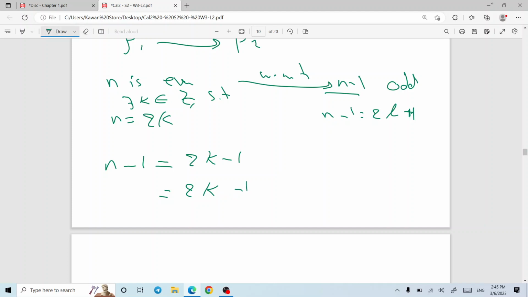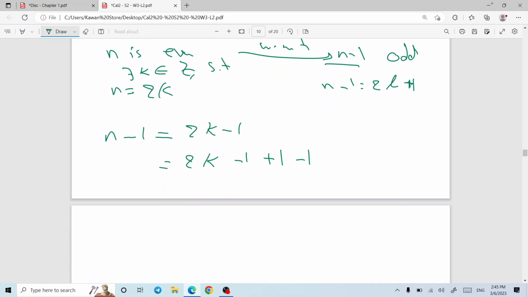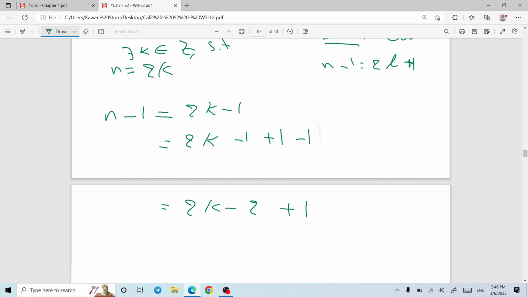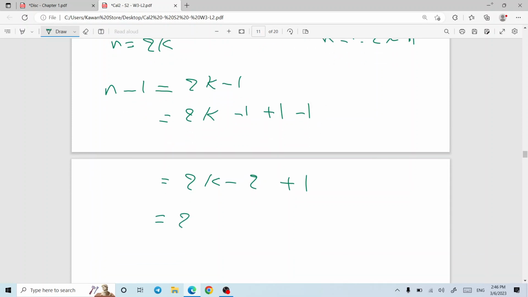Yes, we can, right? Plus 1 minus 1. And n minus 1 equals 2l plus 1. So I show that if n is even, n minus 1 is odd.